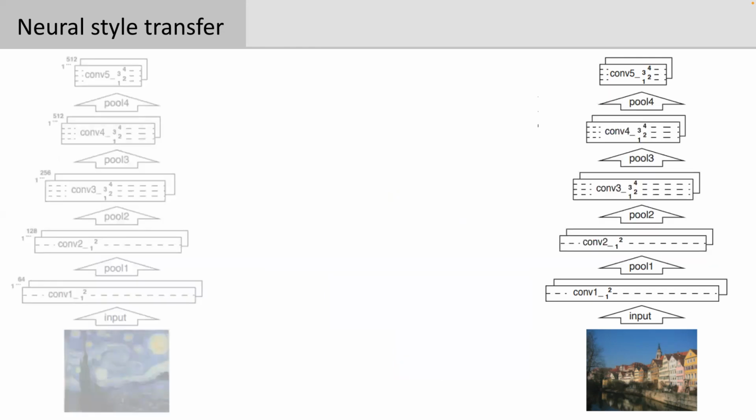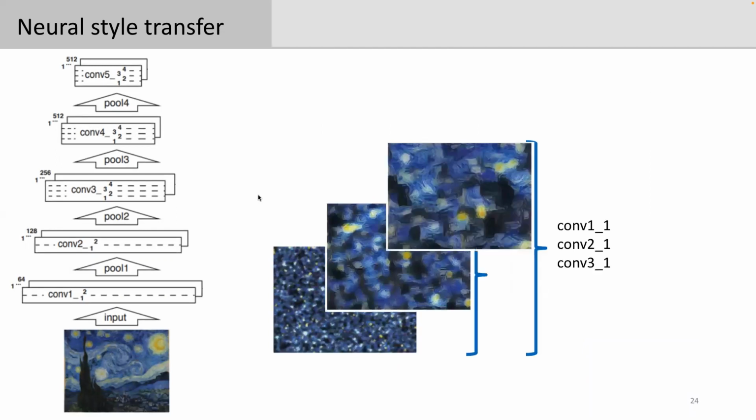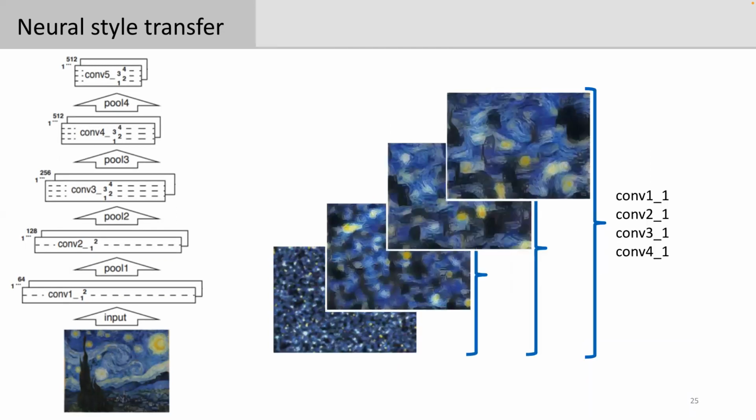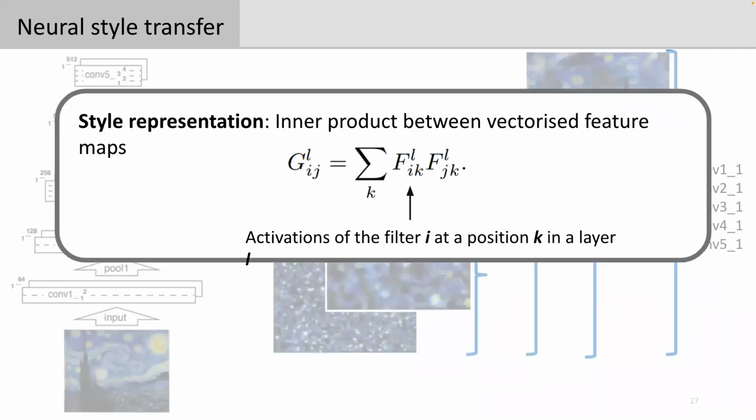Okay, so we look at what the convolution does for the style image. Similarly, it's going to forward through the convolutional layers. And there's a bit of nuance in how we represent style. I think that's the main point of this paper: how do we extract style from a style image?